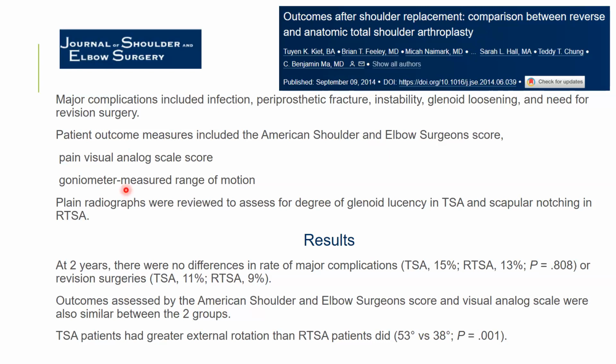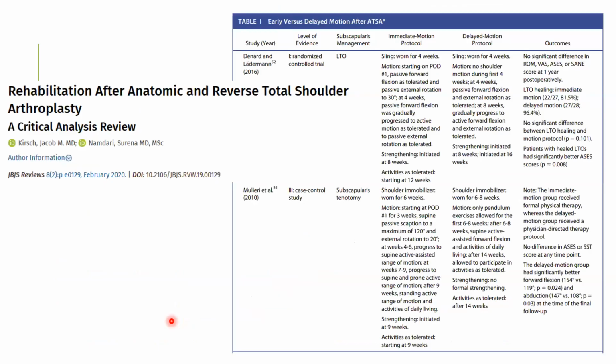The outcome scores were the visual analog scale, the goniometric measurements, and they had plain radiographs taken to look at scapular notching. At 2 years, there was no major difference in the complications, and the outcomes by the visual analog scale were pretty much similar. The only thing was that the external rotation deficit was higher in the reverse compared to the total shoulder arthroplasty patients.